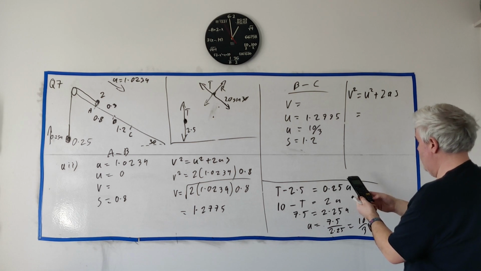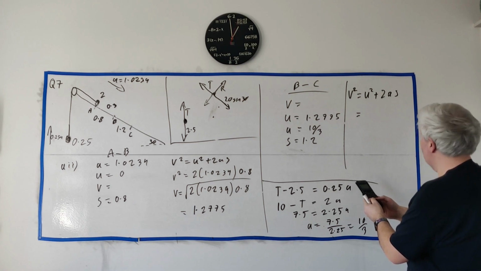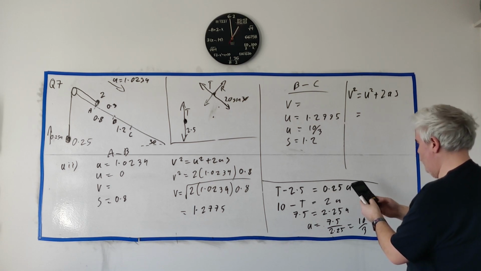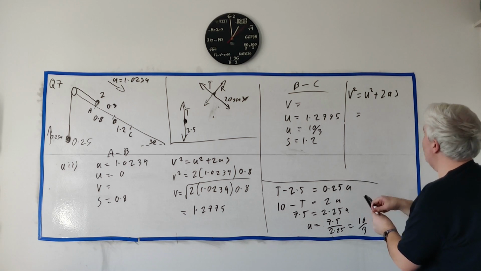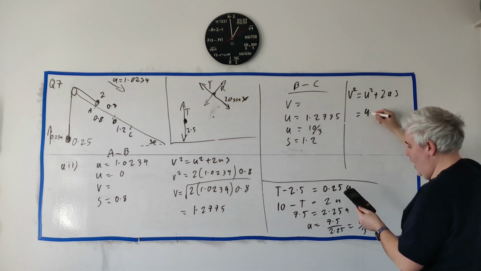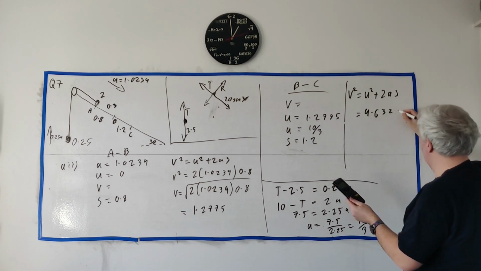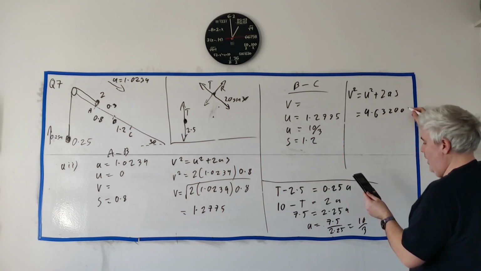1.2775 squared plus 2 times 10 over 3 multiplied by 1.2. So I get v squared is equal to 9.632006.